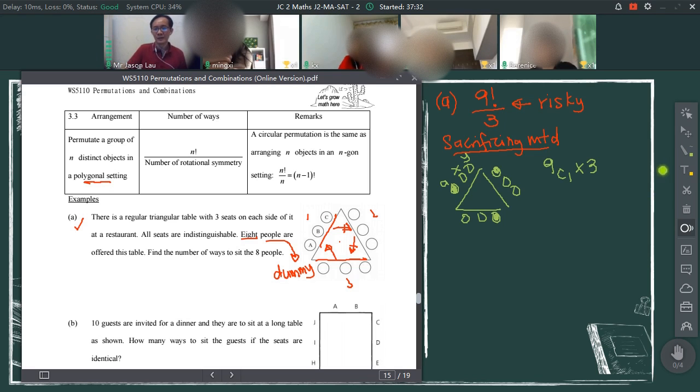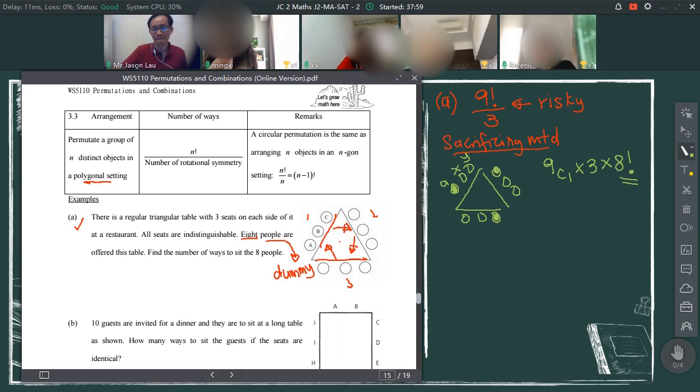Then after that, what happens to the rest of the people? The rest of the people will fill up the seats, right? So it will be 8 factorial. You get it? Wait, why 8 factorial? Because there are 8 other people.